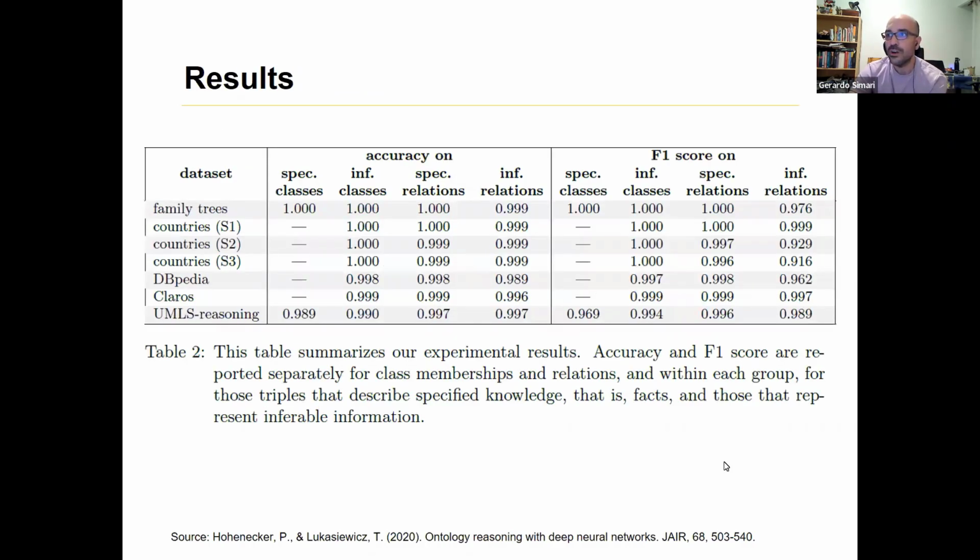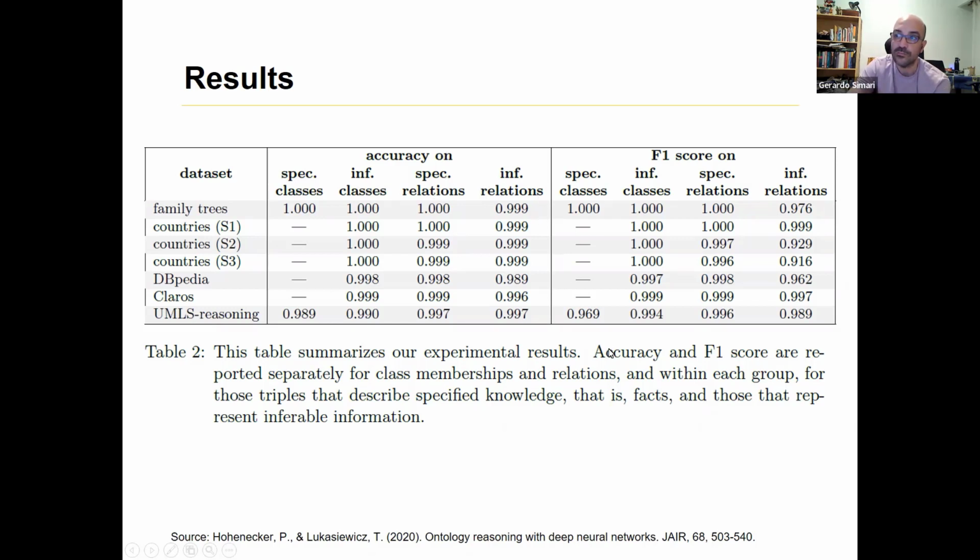The results are very, very good. So as we can see here, they do accuracy and F1 also, divided into the specified classes, the inferable classes, and the same for relations, specified and inferable. And we can see that all of these numbers are quite close to 1.